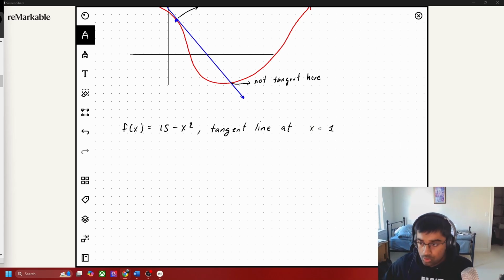You might be wondering how we're going to find the tangent line here. You only have one point, and as you might know, the formula for slope is just change in y over change in x.